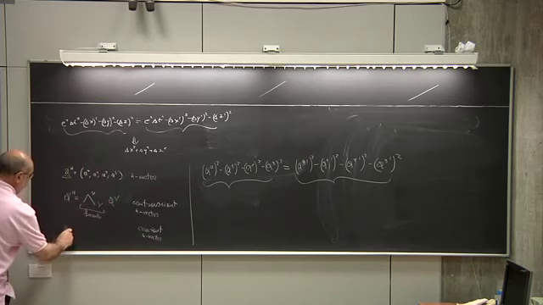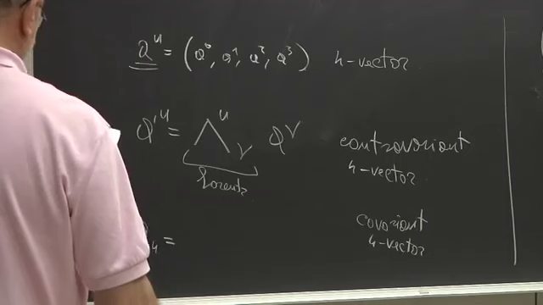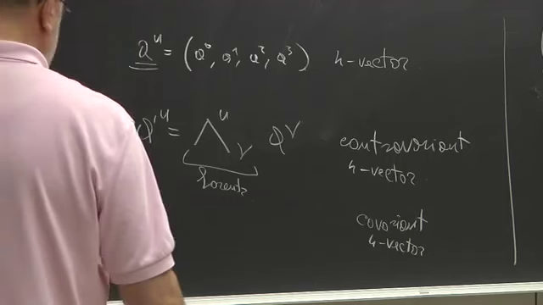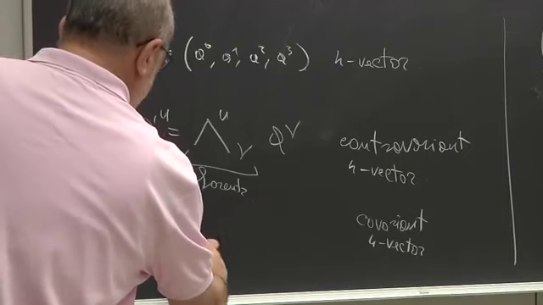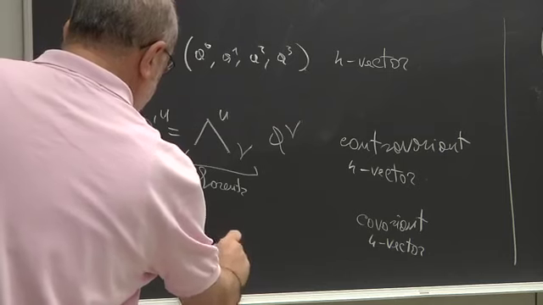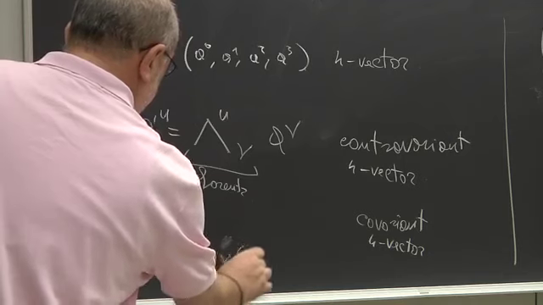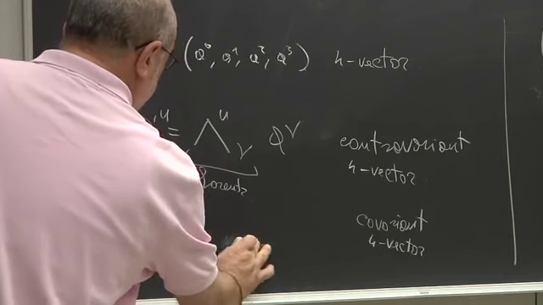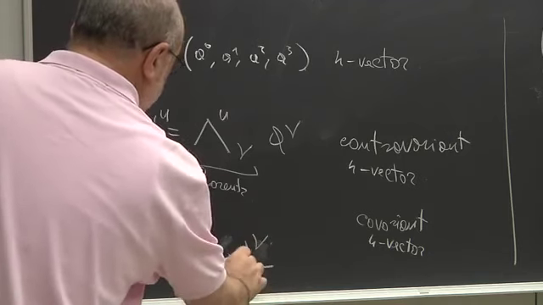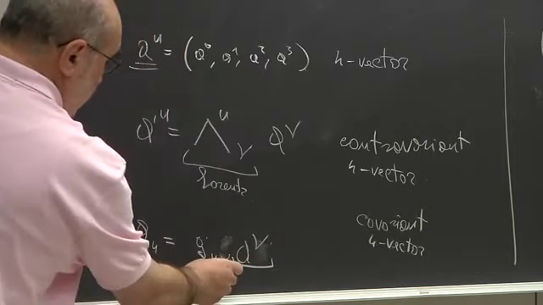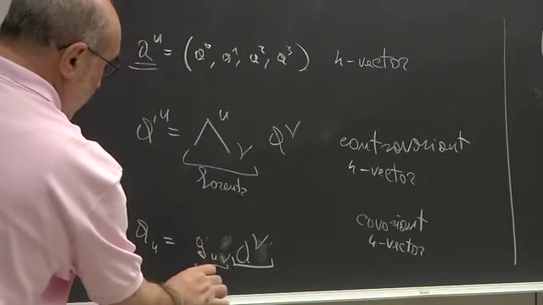That is an object that has the index down, and the index is brought down in this manner. You introduce a metric g mu nu, so you take a contravariant vector multiplied by a strange matrix that is called the metric.